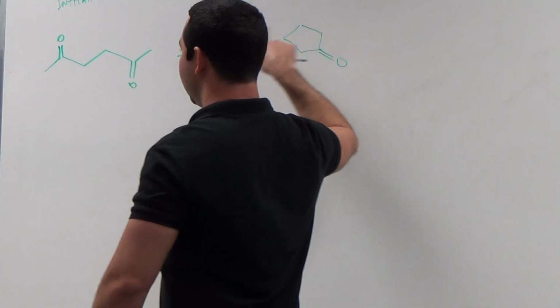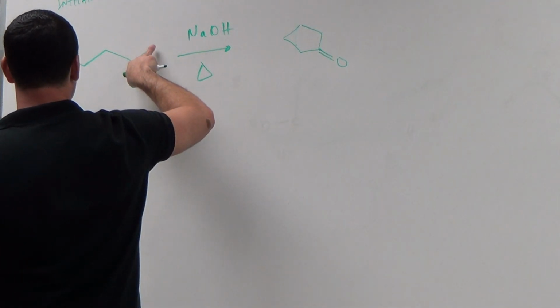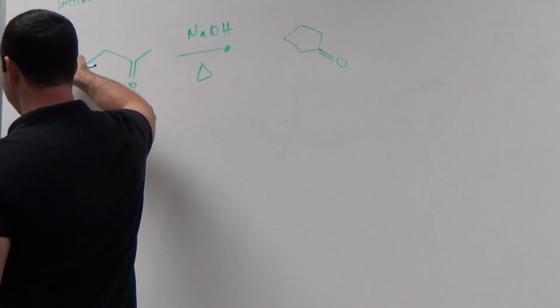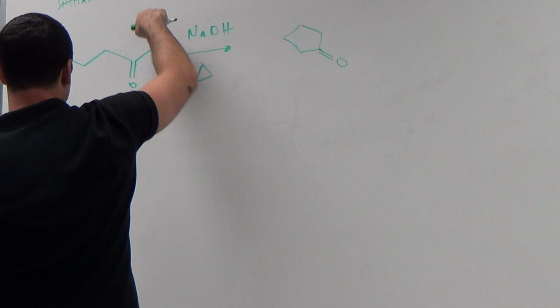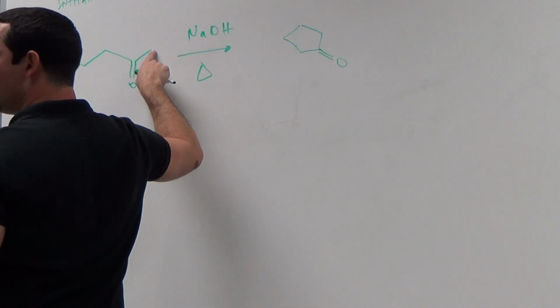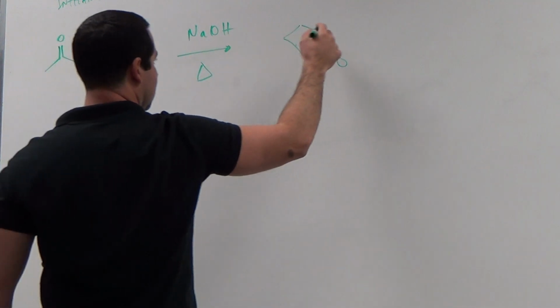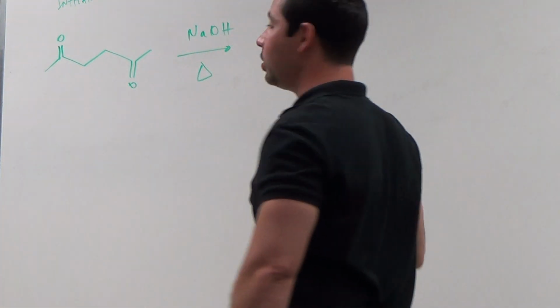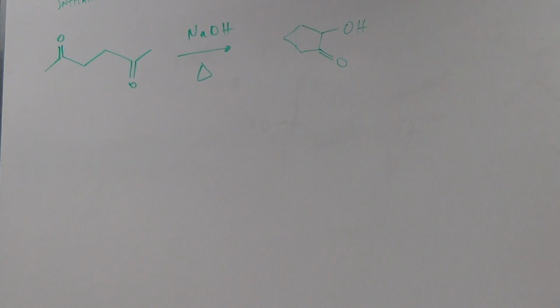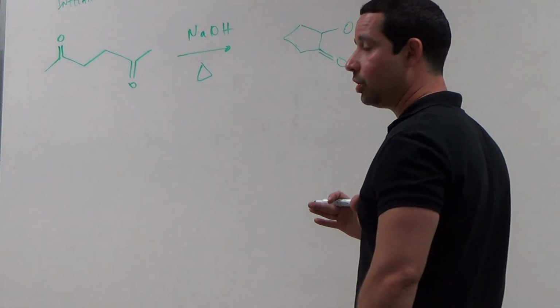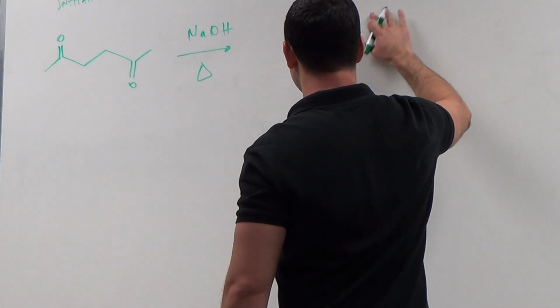So, look, let's say I want to leave this the same here, yes? Let's say that's the one that attacked there. So this turned around, and there is going to be an OH where? No. The OH is not going to be in the alpha position. The OH is going to be on the beta position.